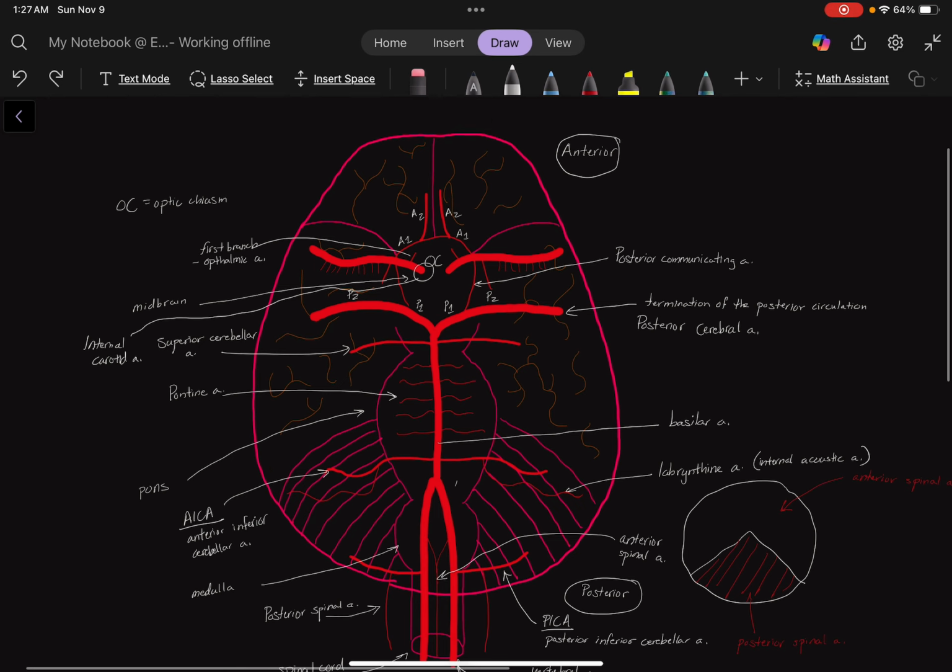Okay, now this artery right here is the middle cerebral artery. And coming off of the middle cerebral artery are all these little small branches called the lenticulostriate arteries.